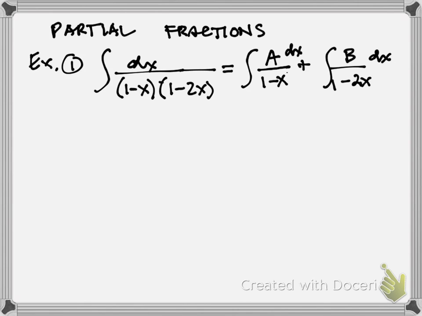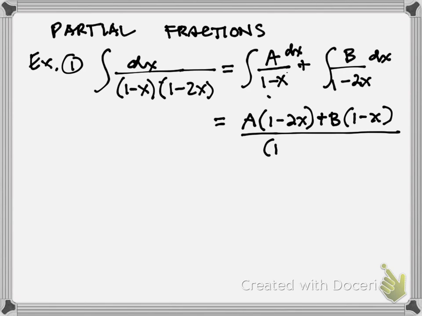Okay, so what we do now is get the LCD of these two fractions, a over 1 minus x and b over 1 minus 2x. So I get the LCD. I will have a(1 minus 2x) plus b(1 minus x) all over (1 minus x)(1 minus 2x).